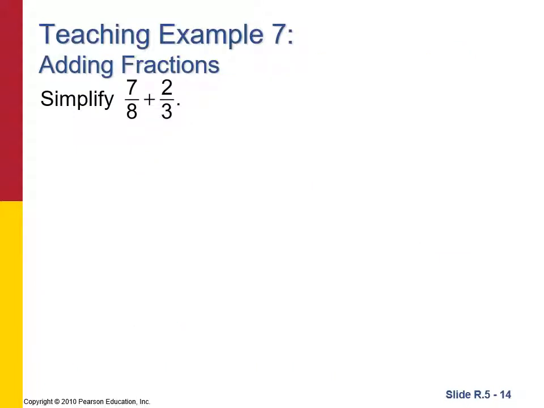Teaching, again, more fractions. So let's add these fractions. And the reason why we're doing fractions first and then going into fractional polynomials is the principle is the same. So we're going to find a common denominator here. So 7 over 8, and let's multiply both by 3, plus 2/3, and we're going to multiply both the top and bottom by 8.